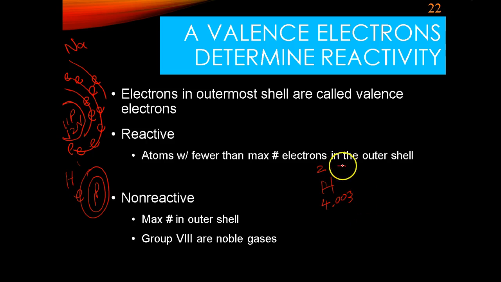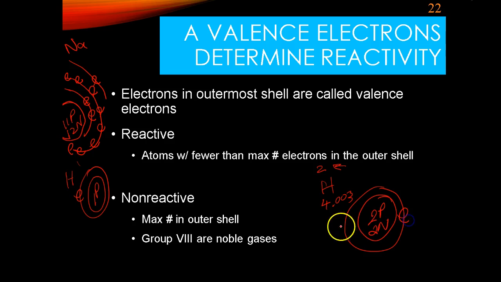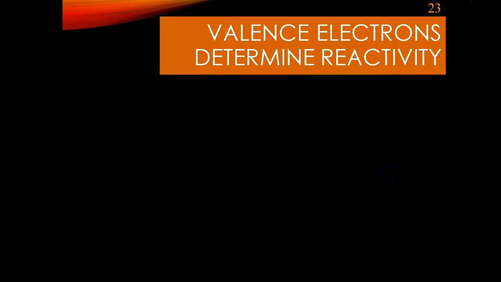So this tells us that it has 2 protons, and since it's electrically neutral, it also has 2 electrons and 2 neutrons. So we have 2 protons, 2 neutrons, and 1 shell completely full with 2 electrons. Okay? Happy, happy, happy, not looking for love in all the wrong places. So let's continue on.